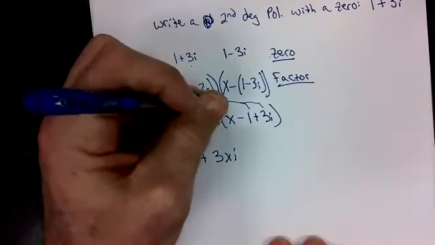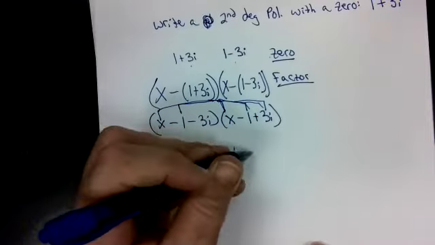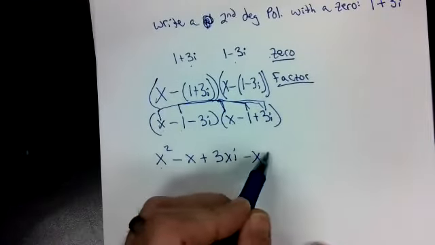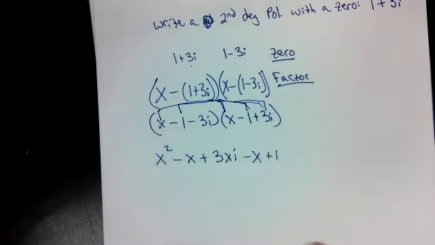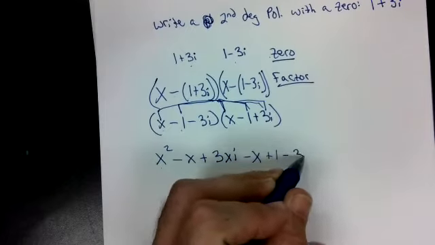Same, we're going to take negative 1 times all three pieces. So negative 1 times x, negative 1 times negative 1 is positive 1. Negative 1 times 3i is negative 3i.